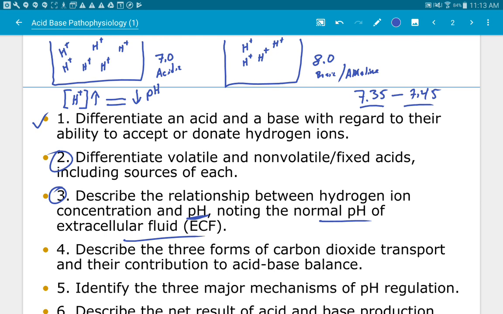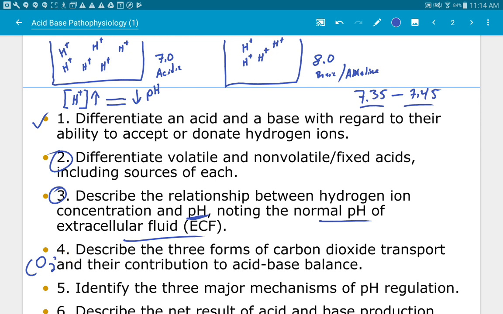Actually, that's technically not the acid. I probably need to write this out, but carbon dioxide can turn into carbonic acid. Does that make sense? So carbon dioxide can turn into carbonic acid, and that is the key volatile acid. We're going to talk a ton about that CO2 down here on number 4.